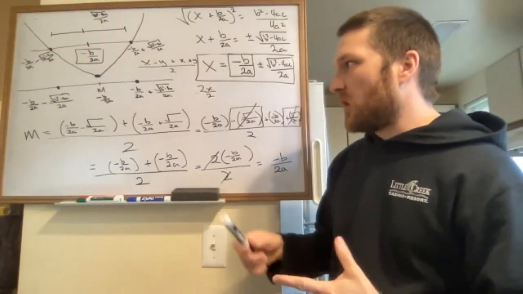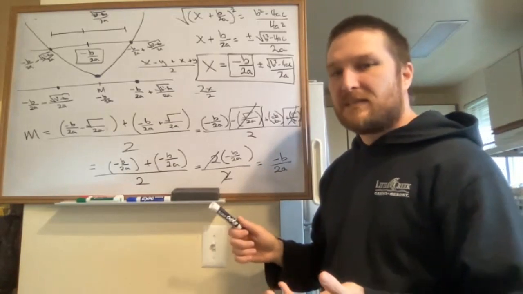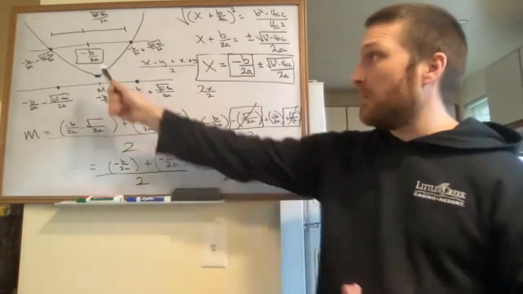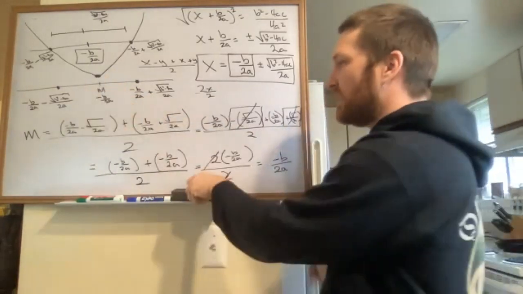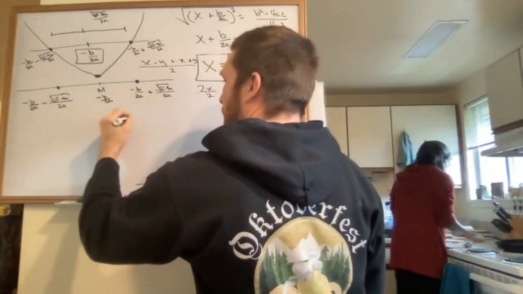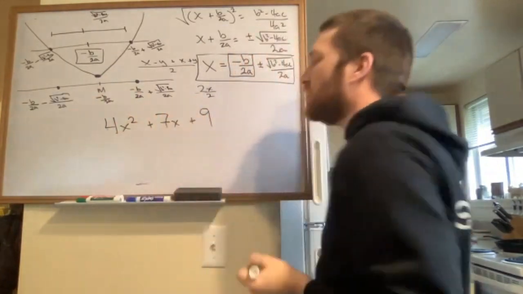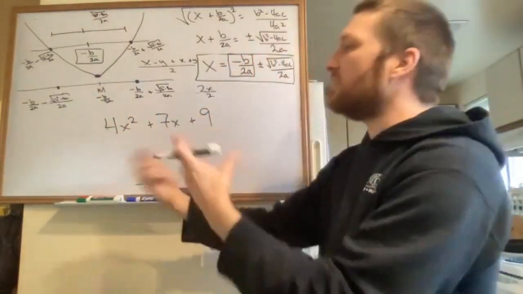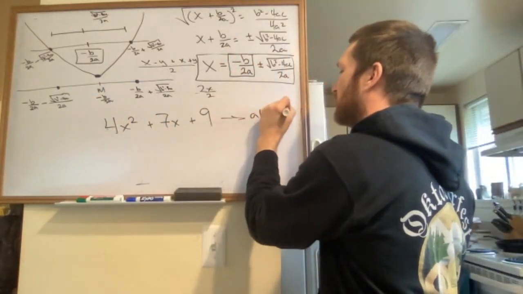So why spend so much time talking about this? Well, if all you're looking for is the vertex, it's way easier to just remember this nifty little fact. That way, if you're given something like this, you don't have to complete the square and turn it into the form a(x minus h) squared plus k.